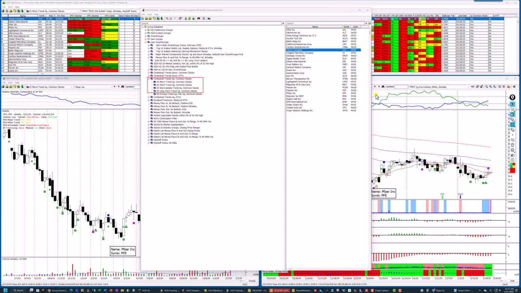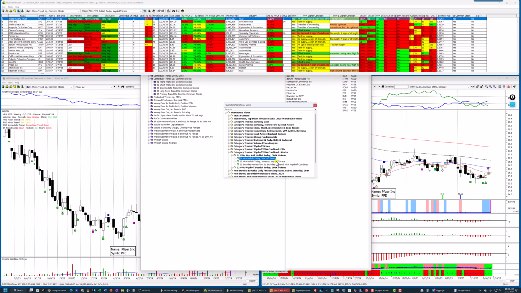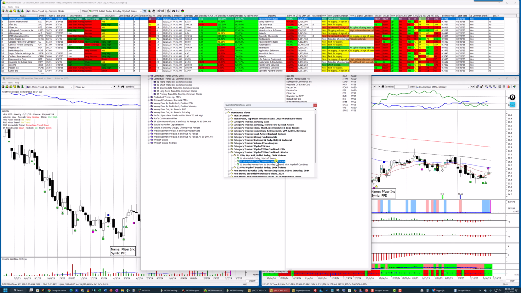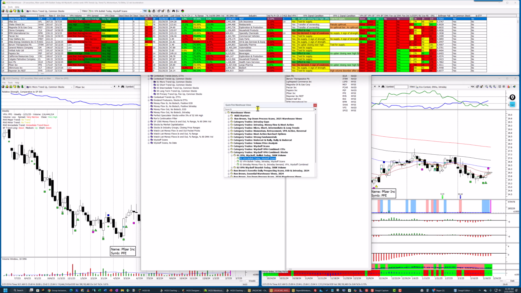And then I'm also going to be working with the category trades, Wyckoff, VPA combined, the bullish scans, and I have 3 scans in here. This is end of day, here's intraday, and then here is intraday, the stocks that are up today. So I'll just start right here.